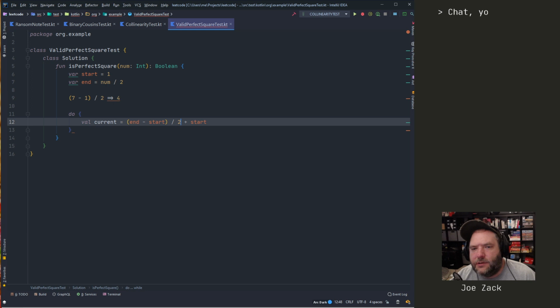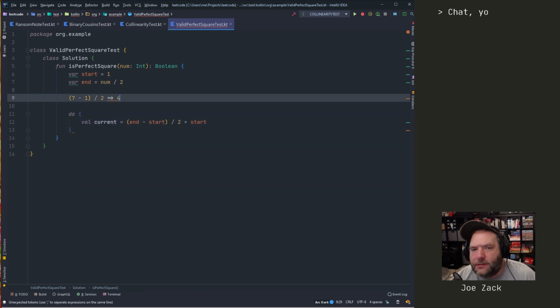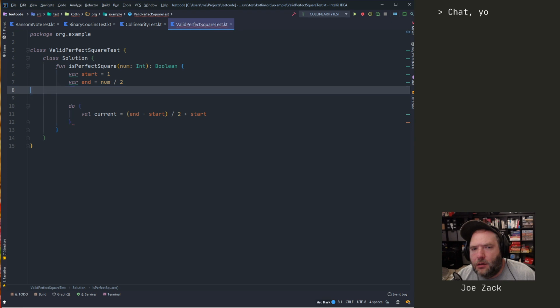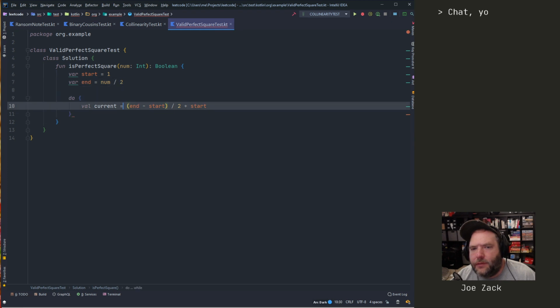Yeah, I was thinking about doing that here. That'll already be integer division, because I've got integers. So that's good. Yeah, I think that's good. Okay.